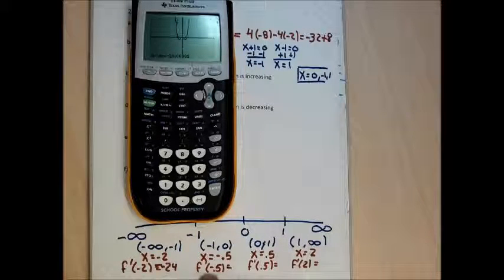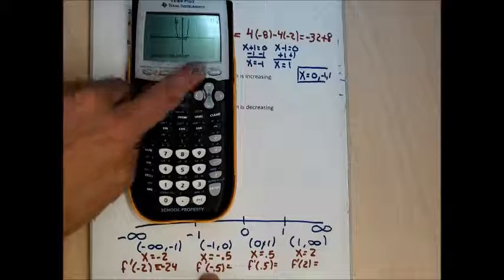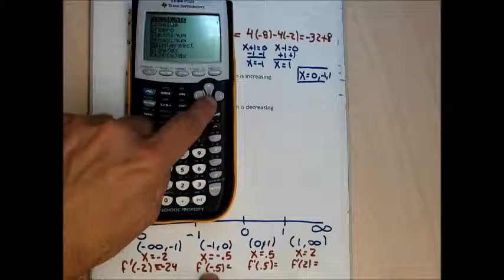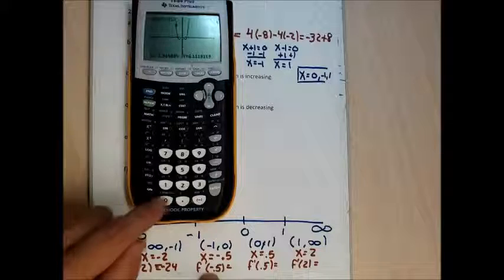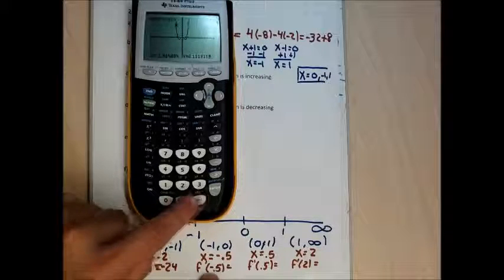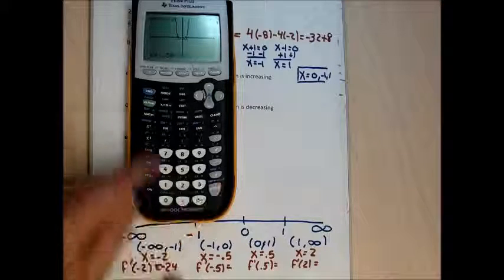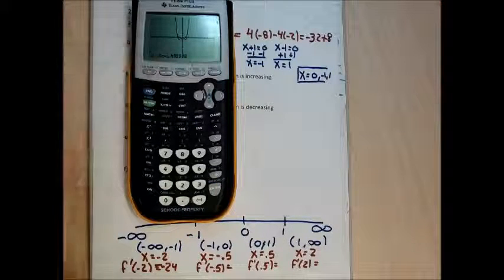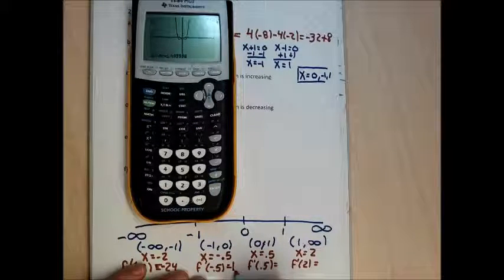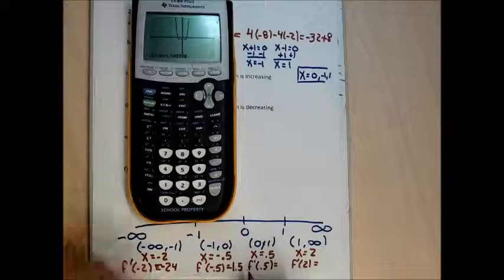Let me do the same thing for -0.5 by going second calc, dy/dx, and even though my calculator answer maybe isn't going to be perfect, it's going to be close enough. And here I'm going to round this to -1.5, I think. It kind of doesn't matter as long as I get the right sign, whether this is positive or negative.